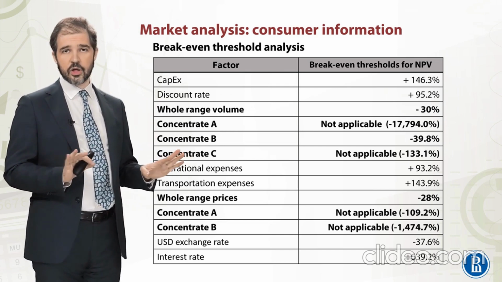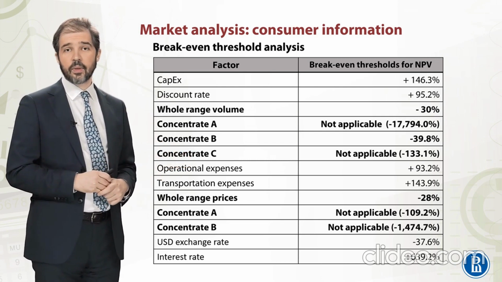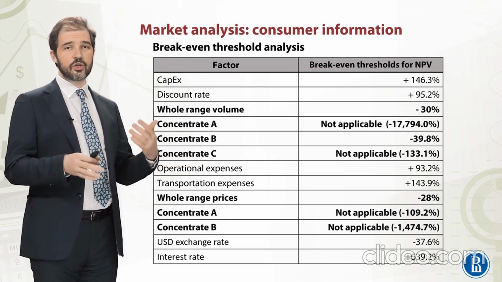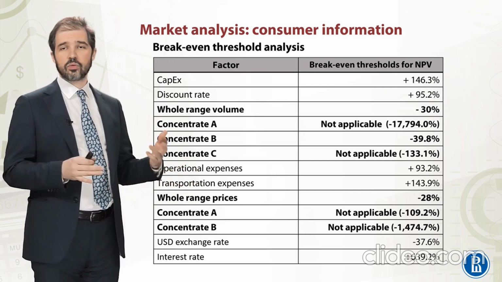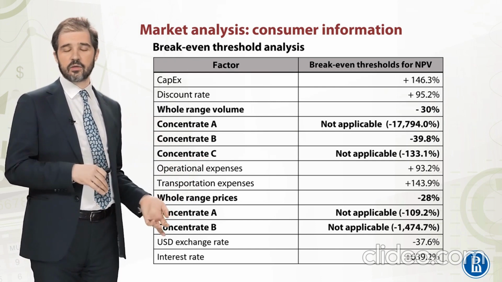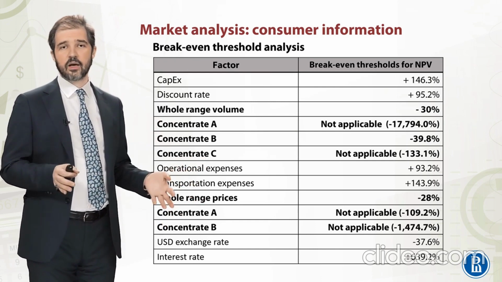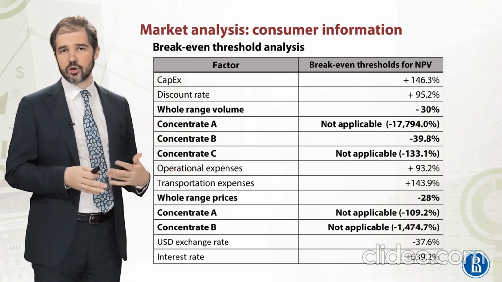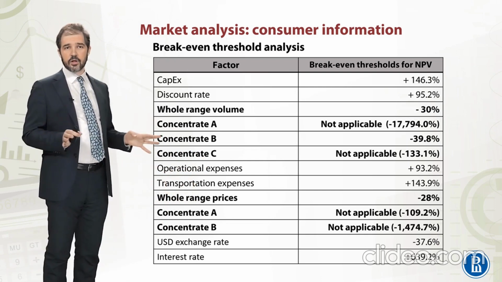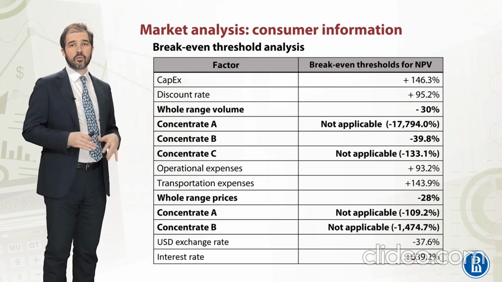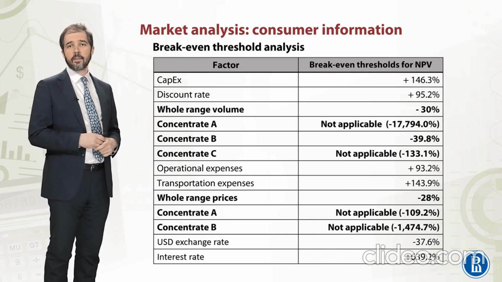We do not change here production of A and C. But if we change production and sale of A, some, I don't know, 10%, 100%, 1000%, whatever, or we change production and sale of concentrate C as much as we want, this will not finally lead to NPV of zero.